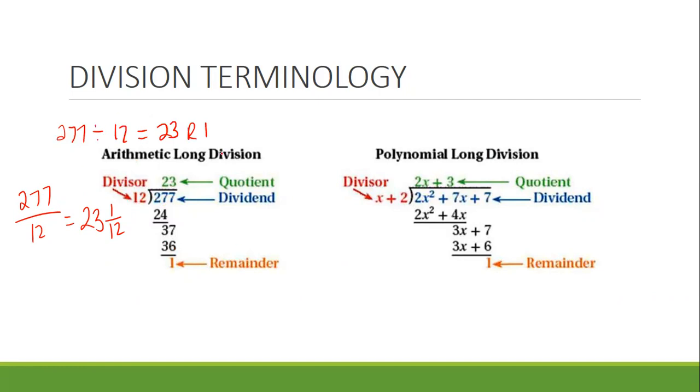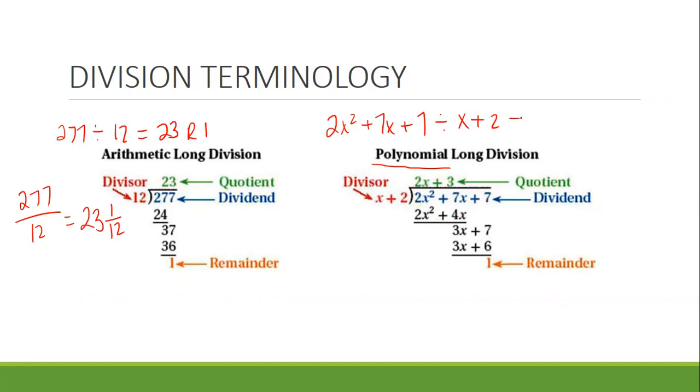Okay. So you learned all of this in elementary, right? 3rd, 4th, 5th grade material here. Now, translating into Algebra 2. In Algebra 2, we're now dividing polynomials, okay? So we're saying that we have 2x squared plus 7x plus 7 divided by x plus 2.